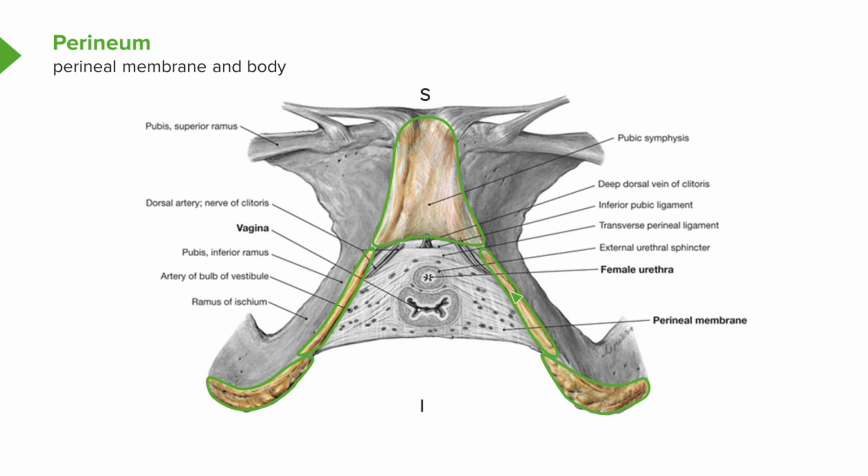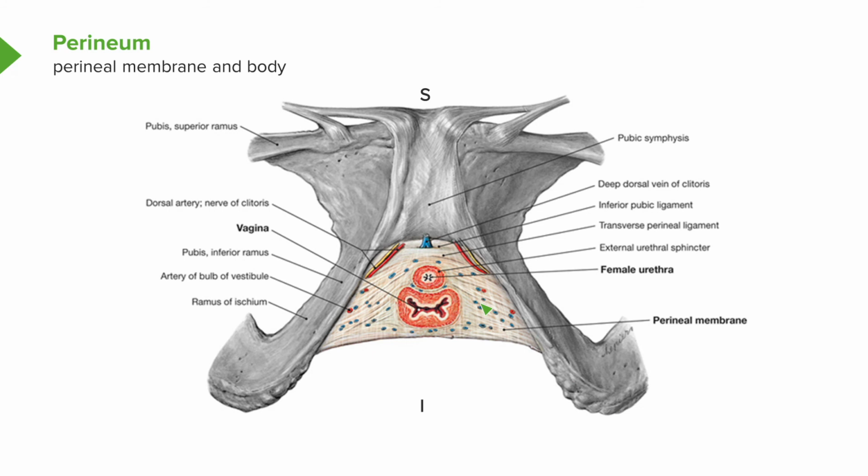So here, if we do the transverse line again, we can see we've created this triangle, which is the urogenital triangle. And just occupying the urogenital triangle is a shelf-like, thin membrane known as the perineal membrane.